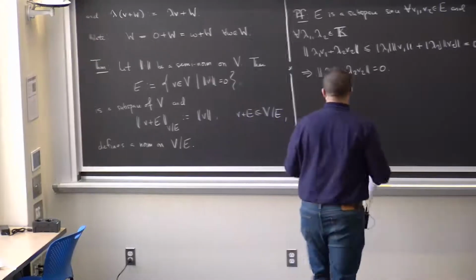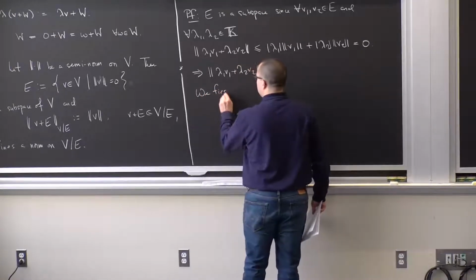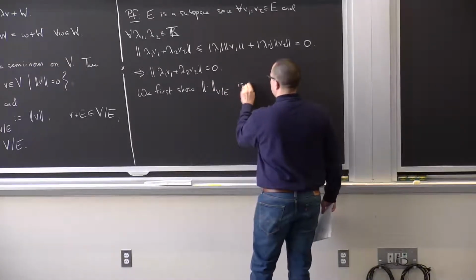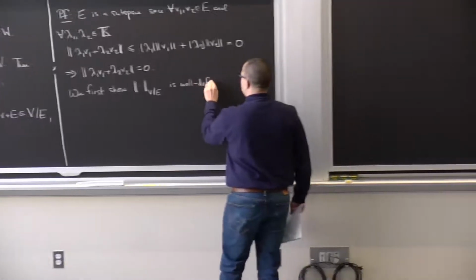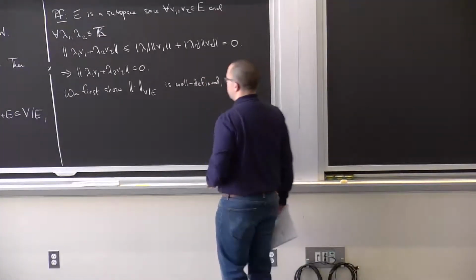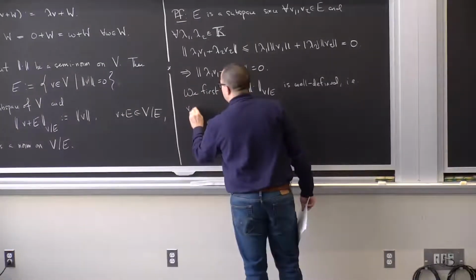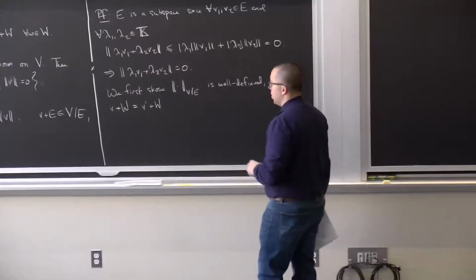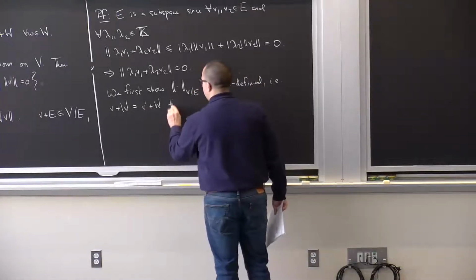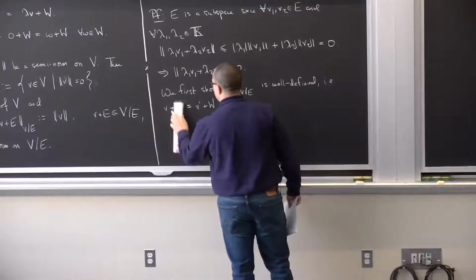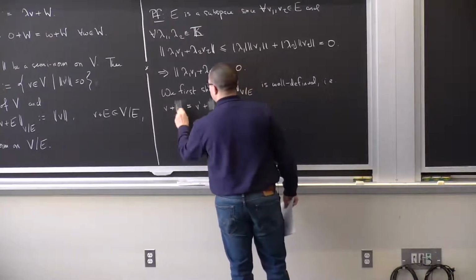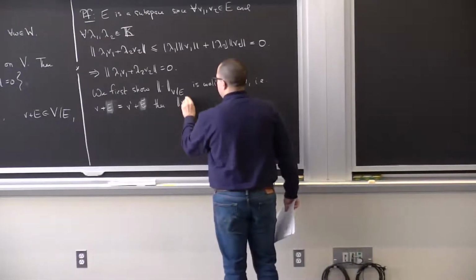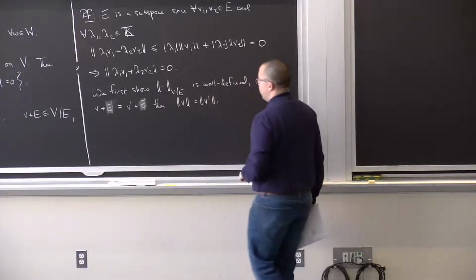I.e., if I have the same equivalence class with two different representatives, V and V prime, and I should write E, not W, then the norm of V equals the norm of V prime.